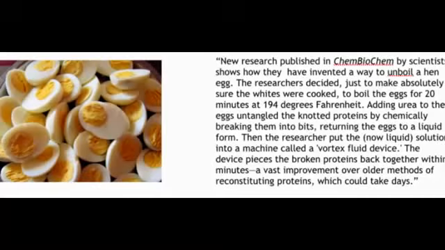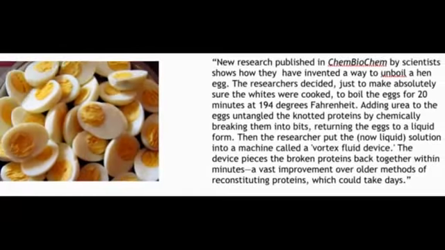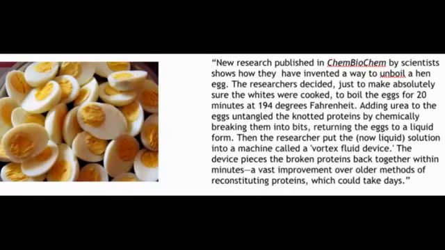They boiled the eggs for nearly 45 minutes to the solid state, then used urea, an aggressive chemical from our urine, which separates the proteins, and then used a vortex fluid device to convert the egg from the solid state to the liquid state.